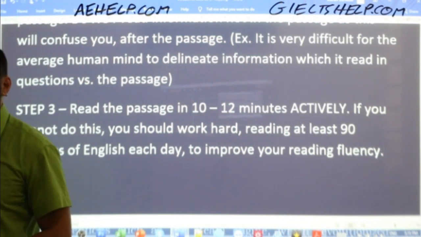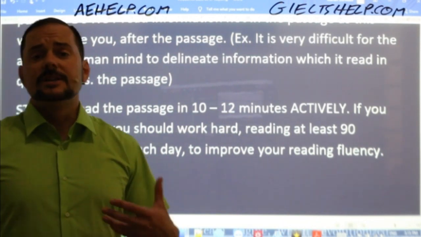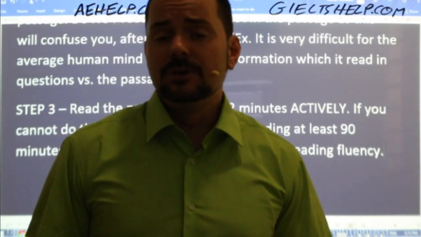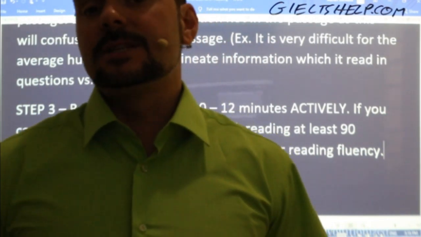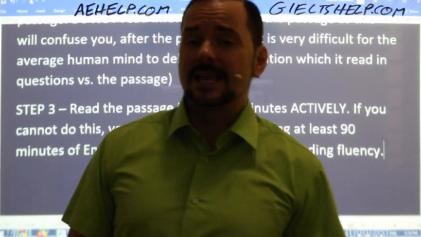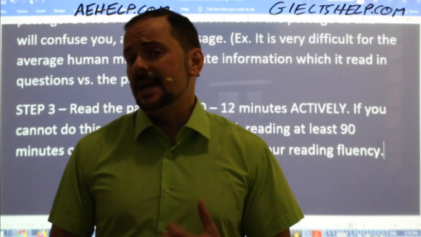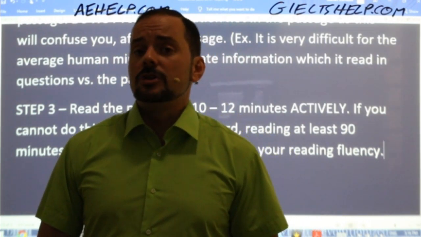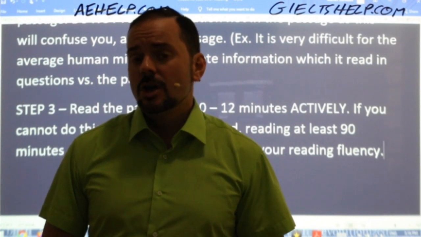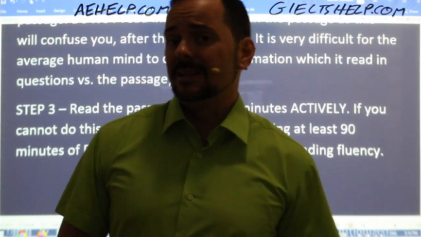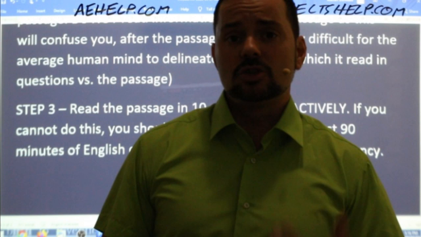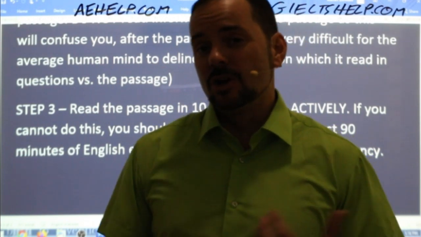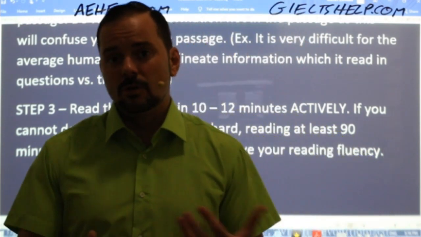There are no real tricks or shortcuts to get around that. If you can get a score above 6.5 with skim reading and scanning, you probably could get a better score if you actually read the passage, or you're basically a lottery winner and you're just being super lucky, which is not a good strategy for your exam.